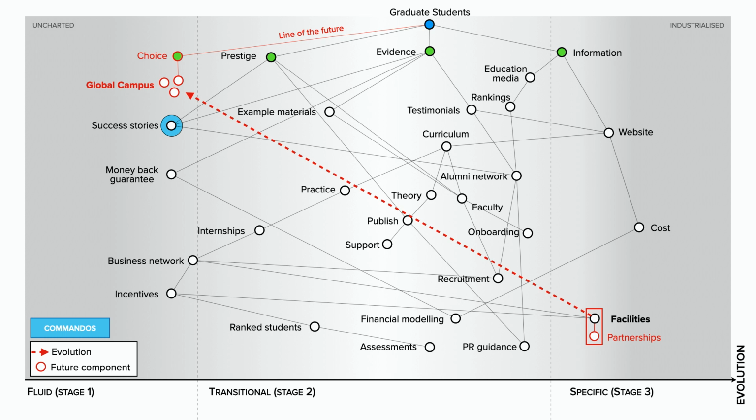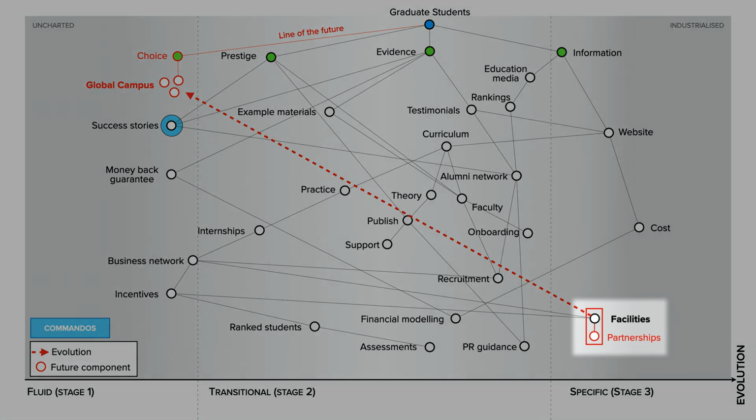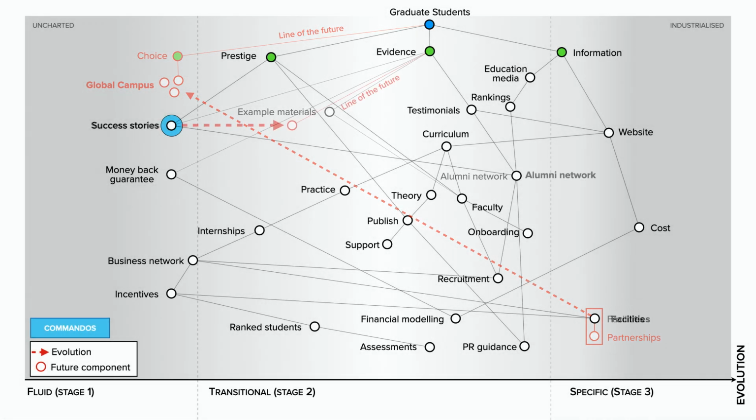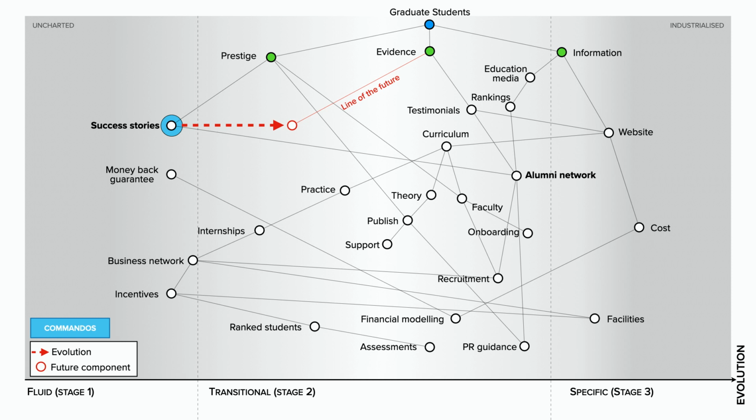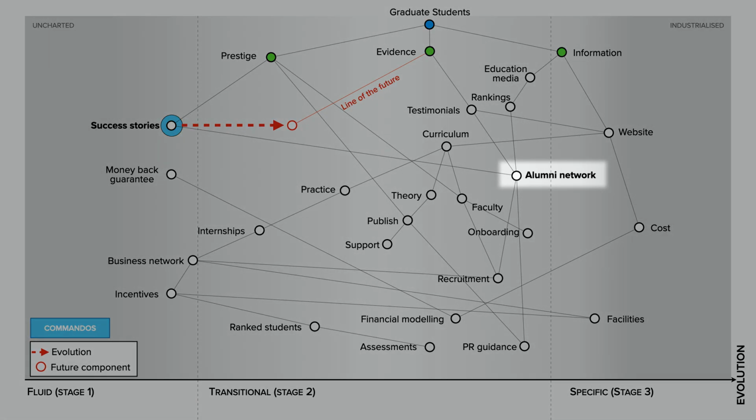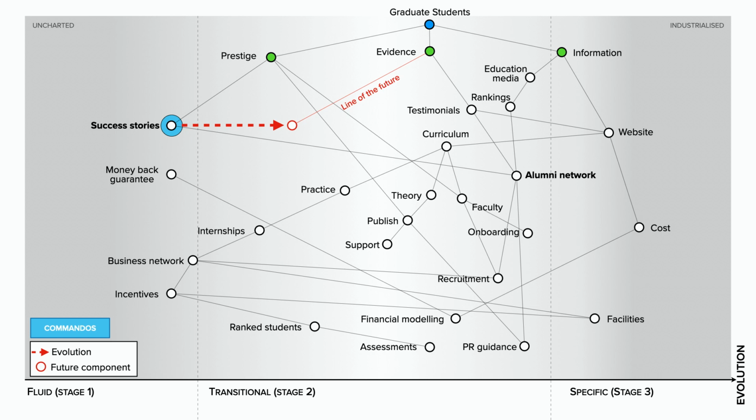While our idea of providing a global campus is built on equally specific facilities we and our partners have invested in over decades. And the idea of providing success stories as genuine evidence of a business school's value will be built on the connections we developed with our alumni network, with whom we will try to conduct this research.